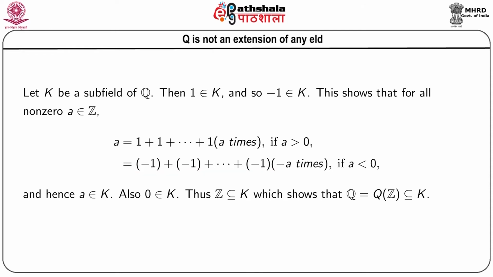This shows that whatever the non-zero integer a may be, a always belongs to K, also 0 belongs to K. Thus, Z becomes a subset of K, which implies that the field of all rational numbers Q, which is the quotient field of Z, becomes a subset of K. Also, K is a subset of Q, thus K becomes identical with Q.